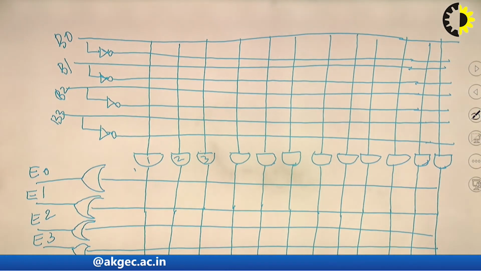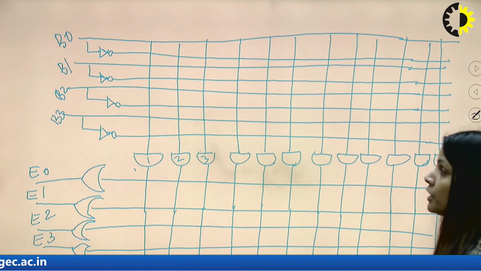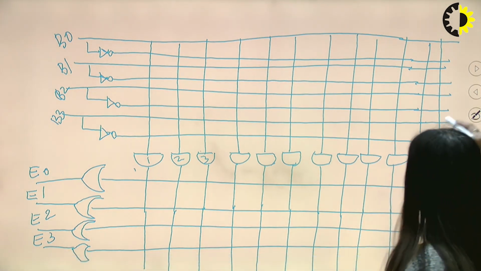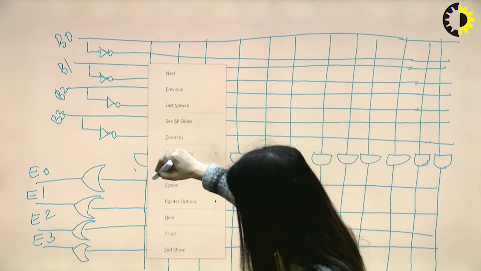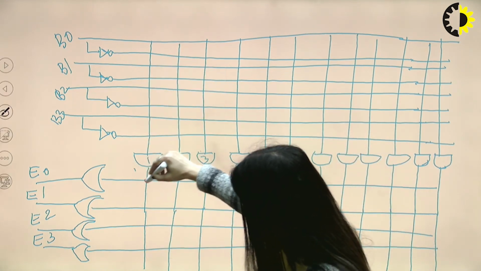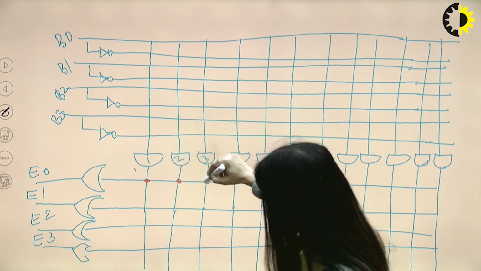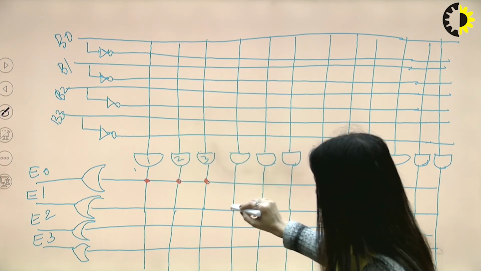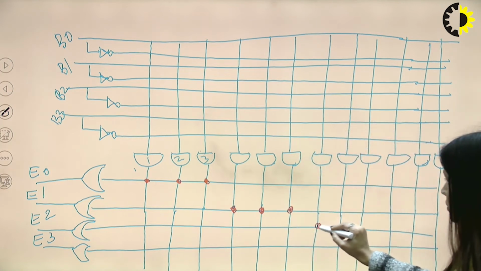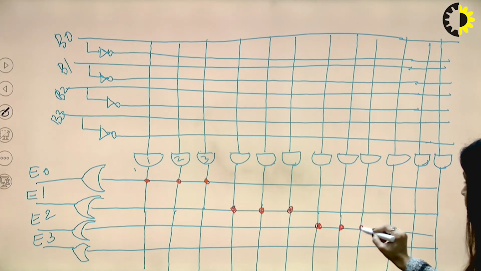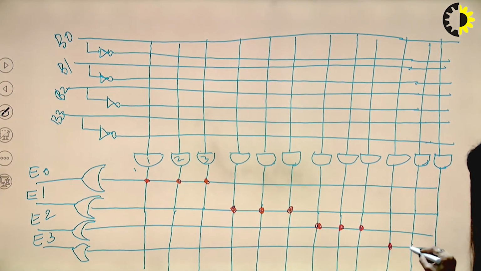So for E0, this is fixed. This is a fixed OR gate kind of arrangement, where I have fixed these three inputs to my OR gate.